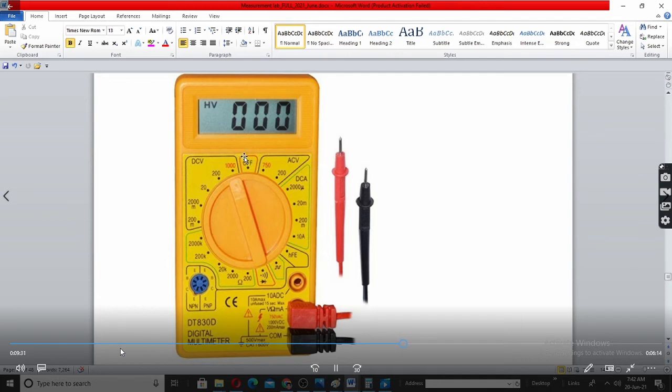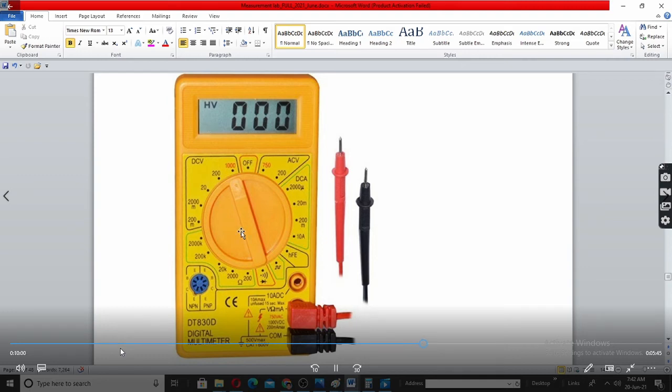In any range, while measuring, if a single digit 1 is displayed at the leftmost position, it means out of range.